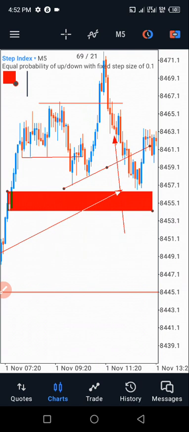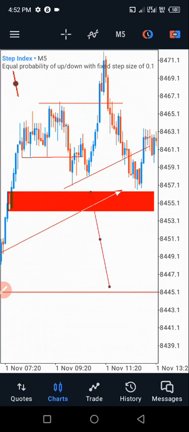All right, a lot of manipulation in the market. So after price took out this liquidity here, this trend line liquidity here, all right, so I was expecting for price to come and tap into this order block here, but price never tapped into it.